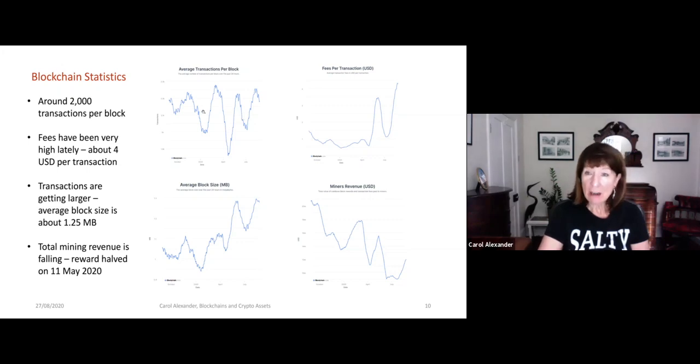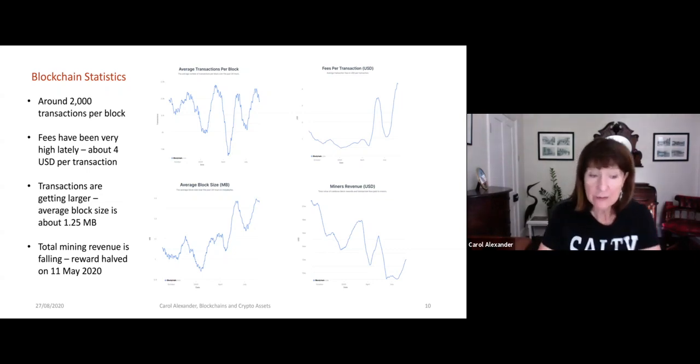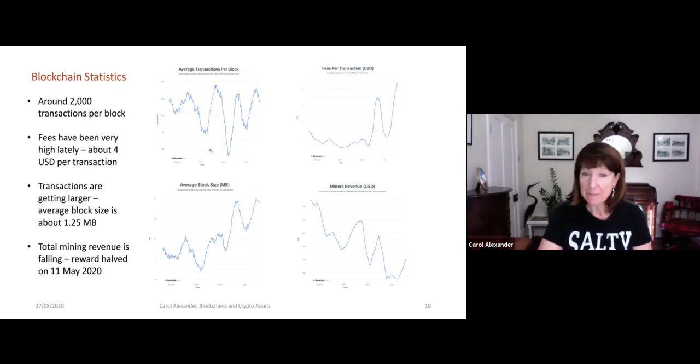Fees have been very high lately, about $4 per transaction. And the transactions are getting larger. The average block size is about 1.25 megabytes. And the miners' revenue is falling, mainly because the reward halved on the 11th of May.